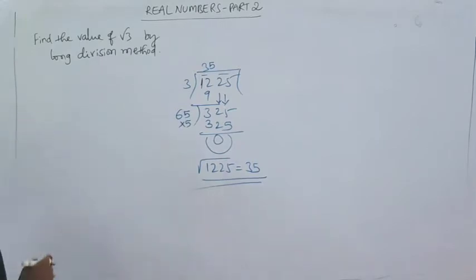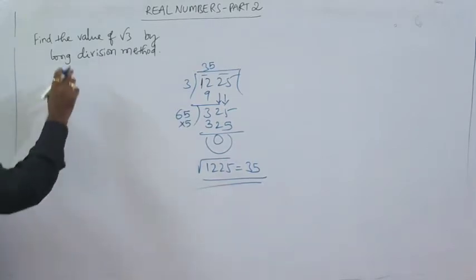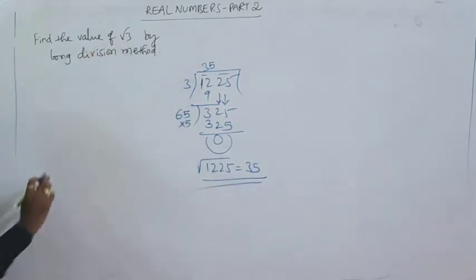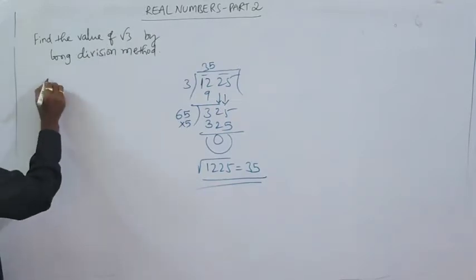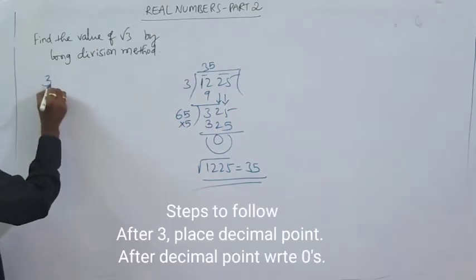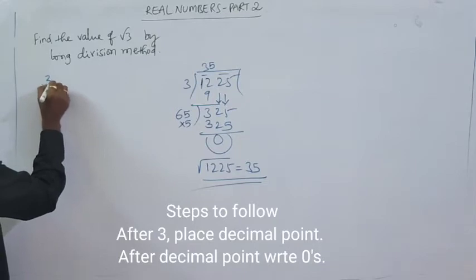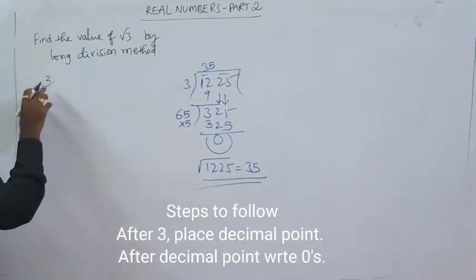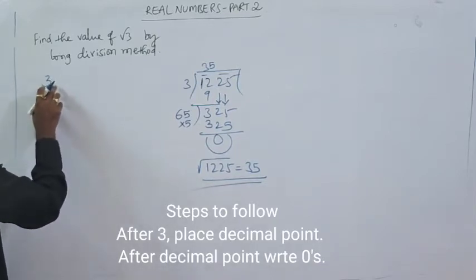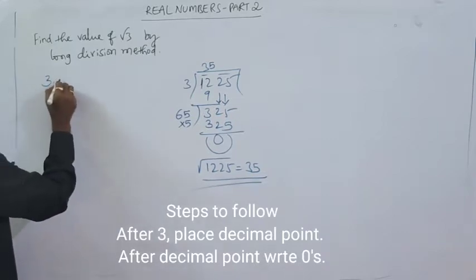The same procedure we apply to find the value of root 3. In this, we write the given number, and after the digit we put a decimal point. Right of the decimal point we write zeros.